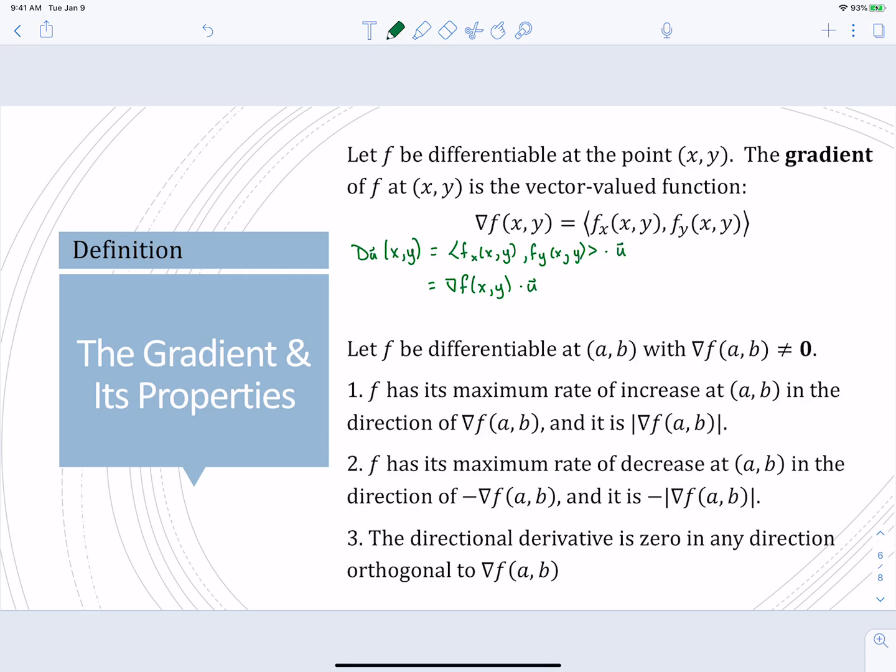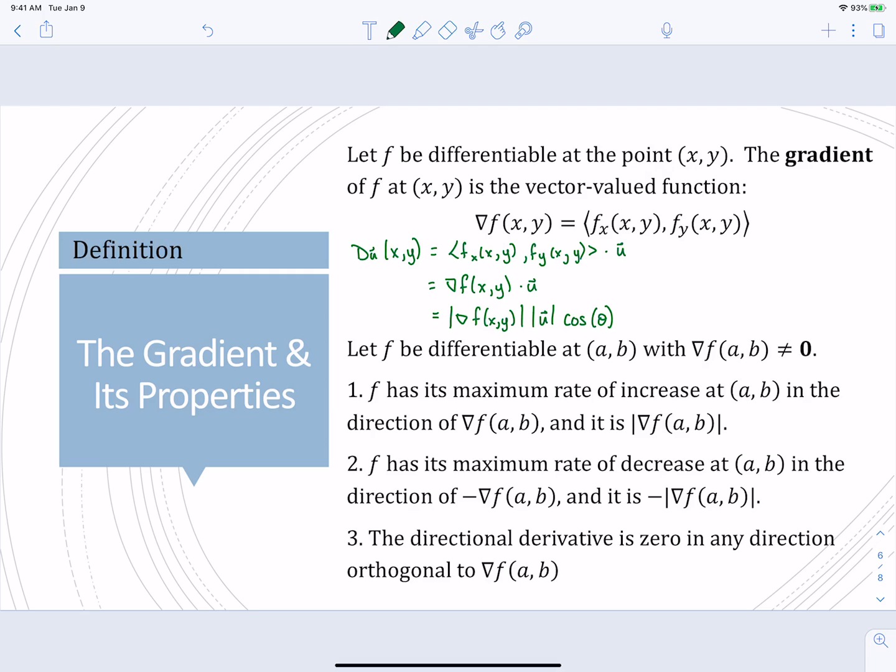Now we know from way back at the beginning of the term, the dot product, this might have been the second day of class, is the magnitude of each of our individual vectors times the cosine of the angle between them. So theta is the angle between the direction and that gradient.